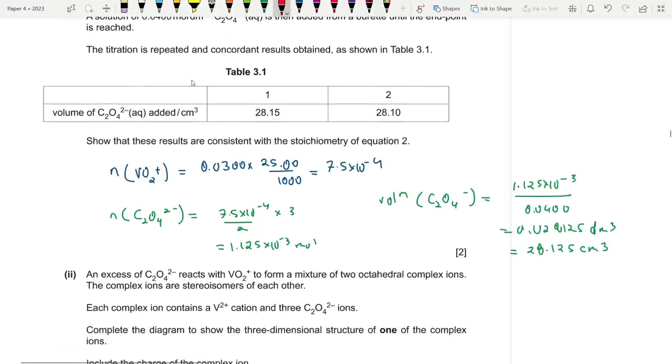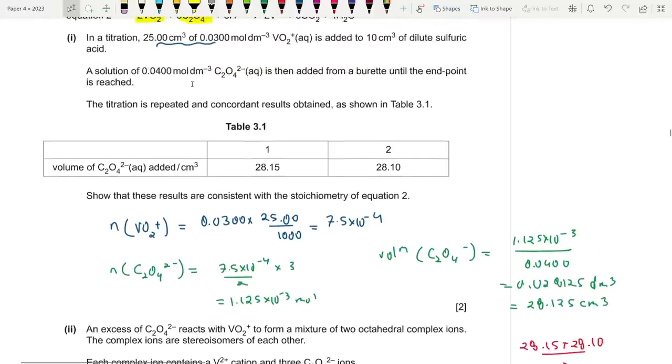You can show that 28.15 plus 28.10 divided by 2 is 28.125. I would do it in my exam this way.